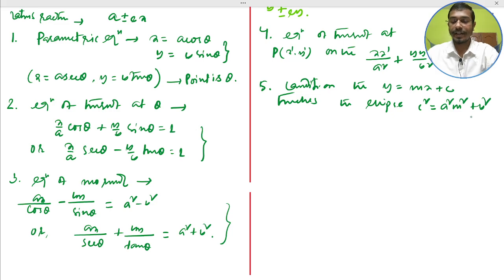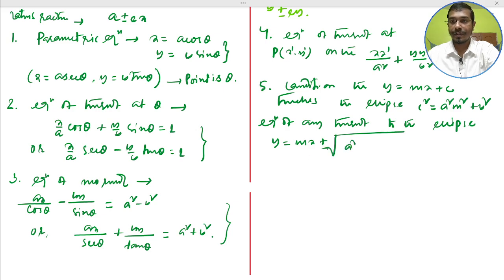And equation of any tangent to the ellipse is basically y equals mx plus or minus square root of a square m square plus b square.